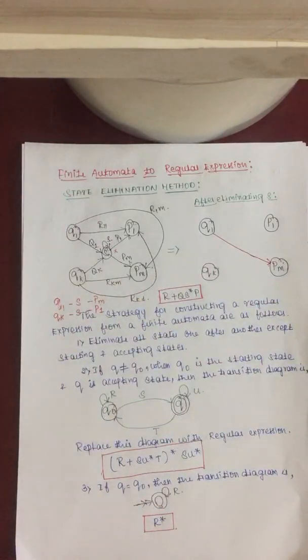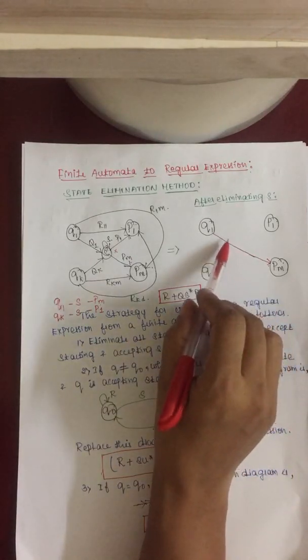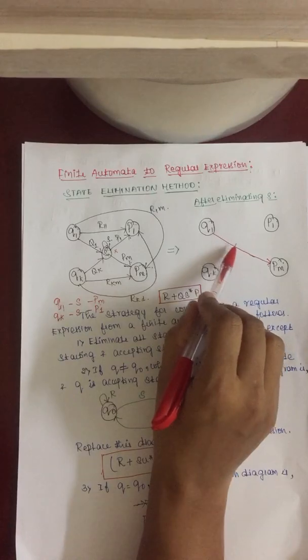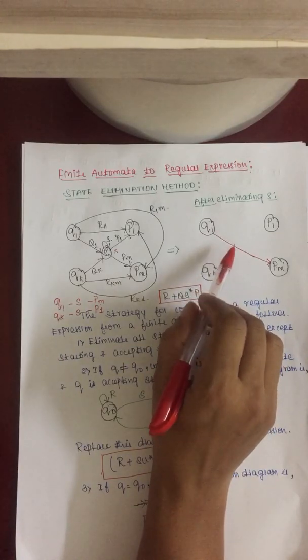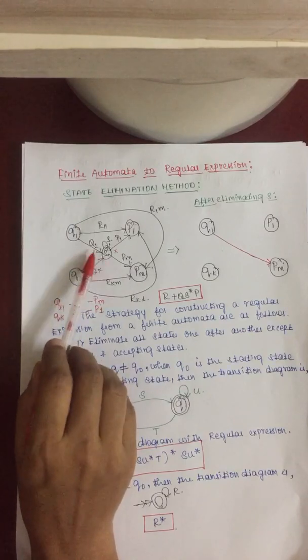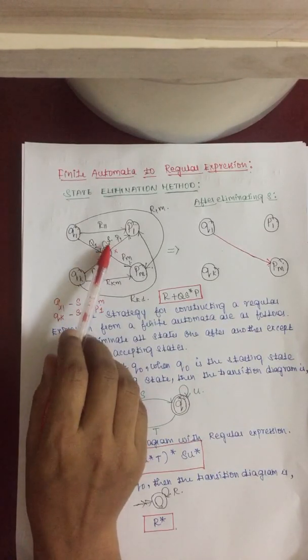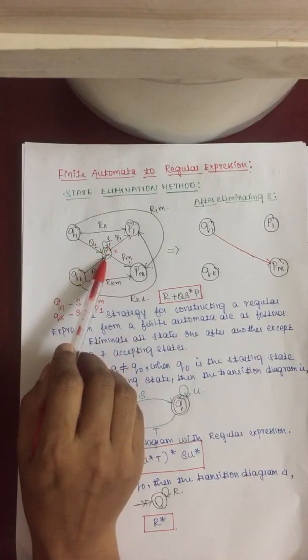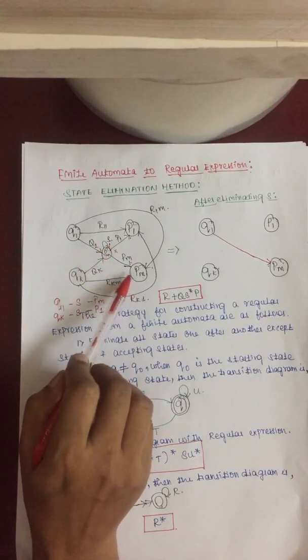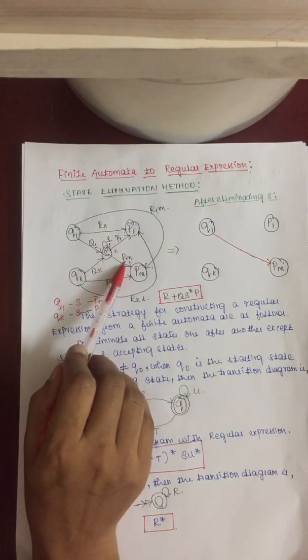After eliminating the states one by one, some expression will be generated, and you attach that expression along with the existing input symbol or expression. To reach from Q1 to S, the input symbol is Q1, and at S we have a self loop, that is S star, and from the state S to PM there is one outgoing arrow with the input symbol PM.